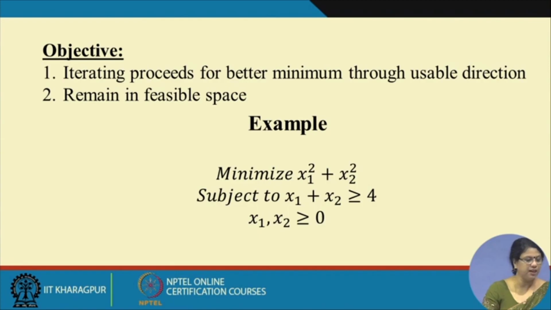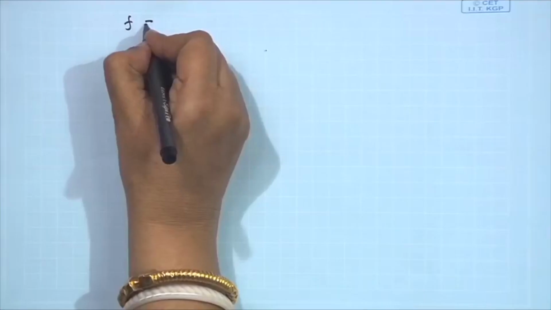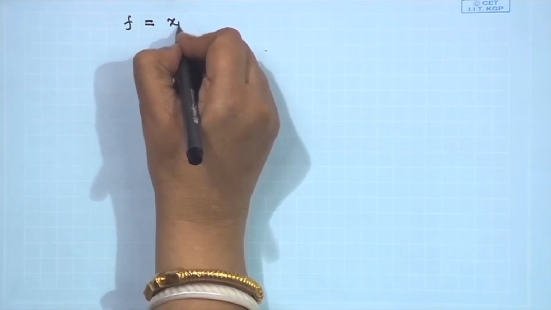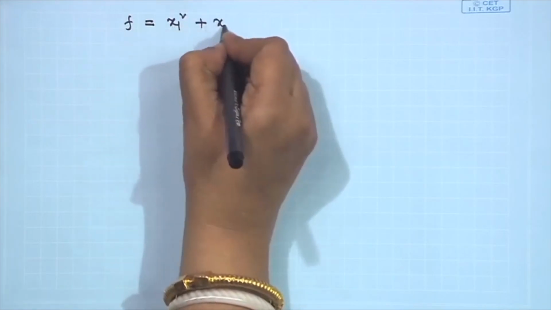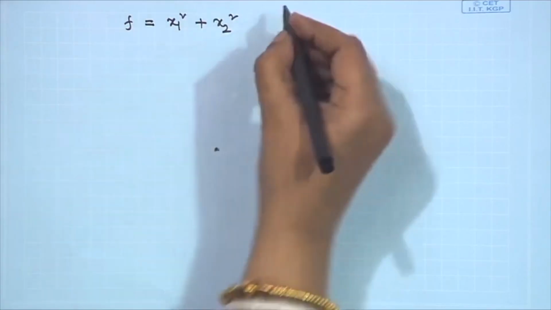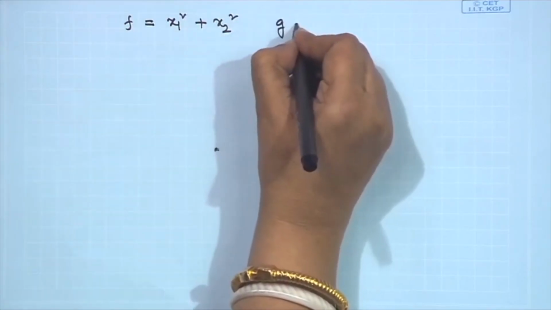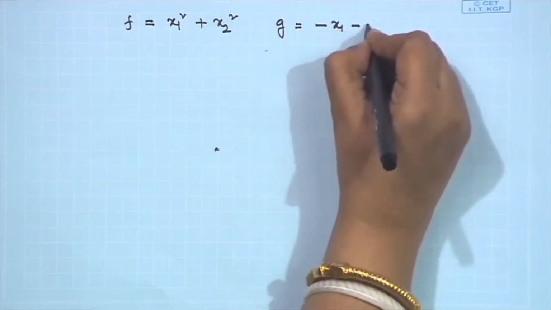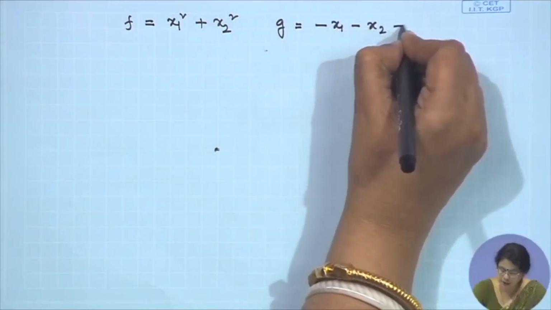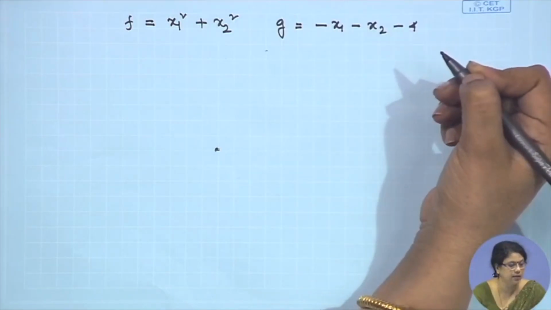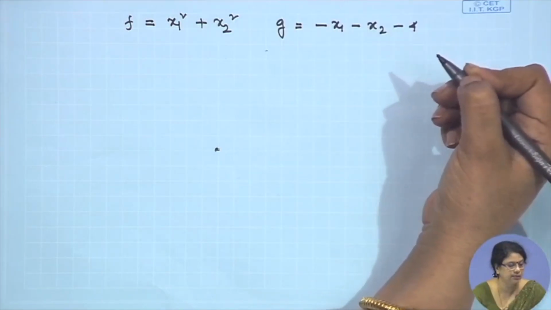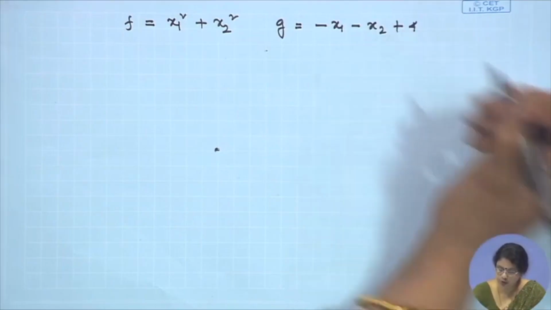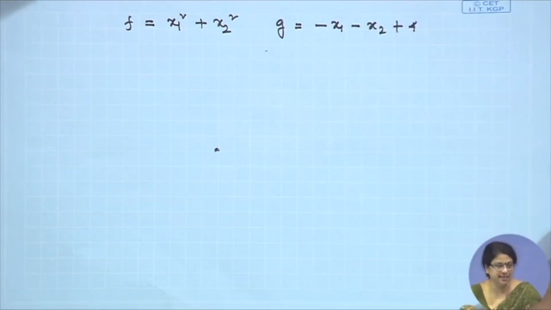That is why we will deal with both the functions together now. We have the function f as x1 square plus x2 square, and we have the function g, that is the constraint function, as minus x1 minus x2 plus 4. We are making it less than or equal to 0.